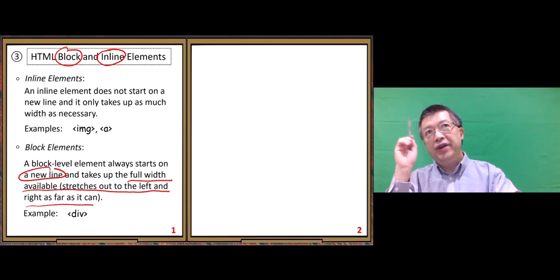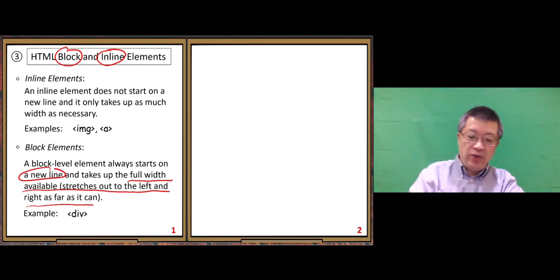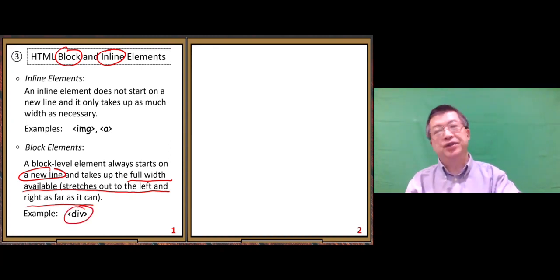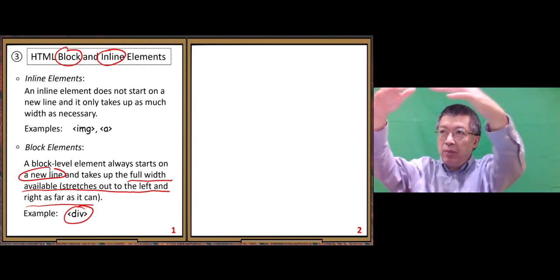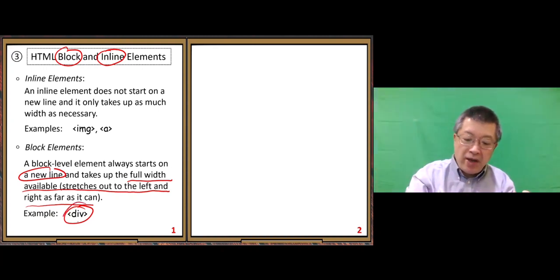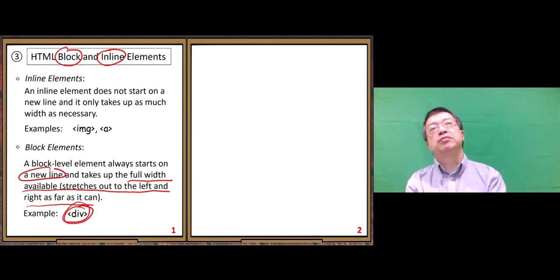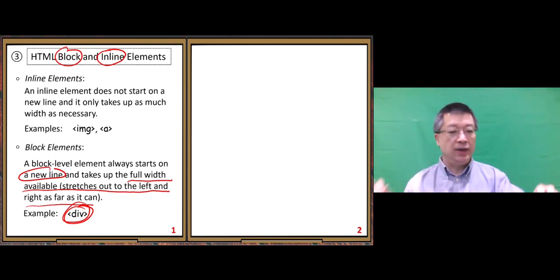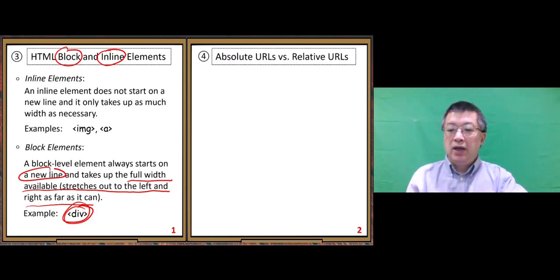Later, when we learn CSS, we will use this element a lot. We need to arrange our page design, the elements. We will use many div elements. That one is a block element. Block. Div element. Yes.